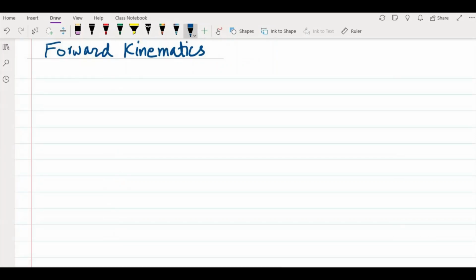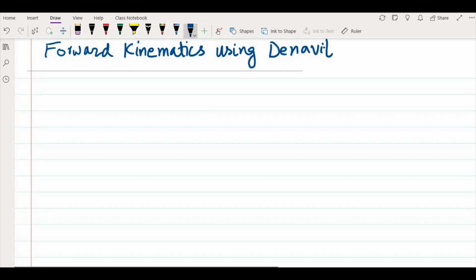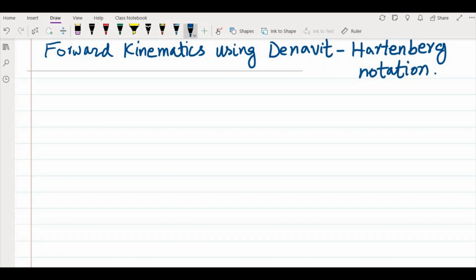Forward kinematics using what we call the Denavit-Hartenberg notation.